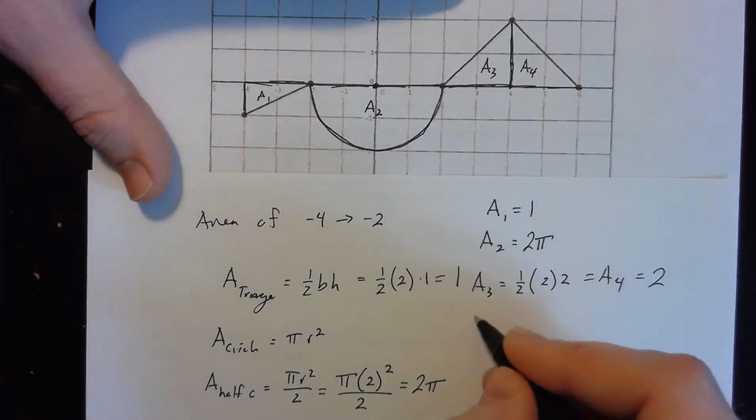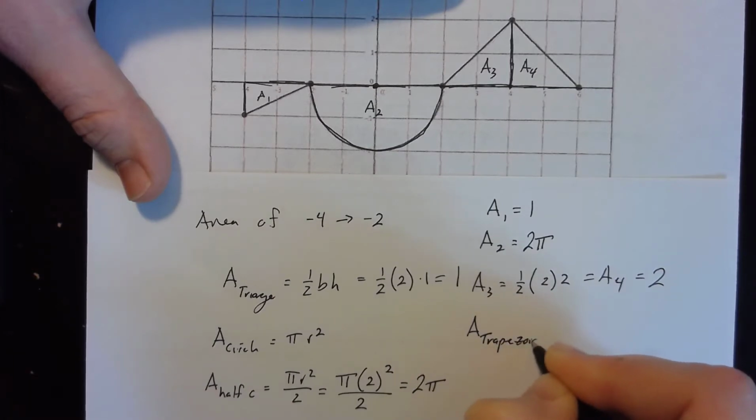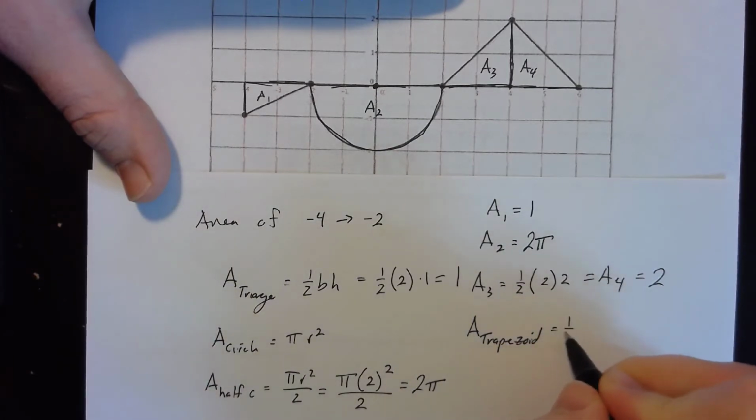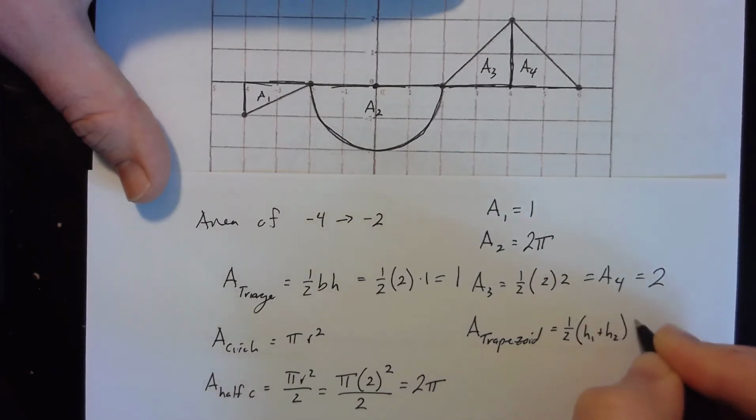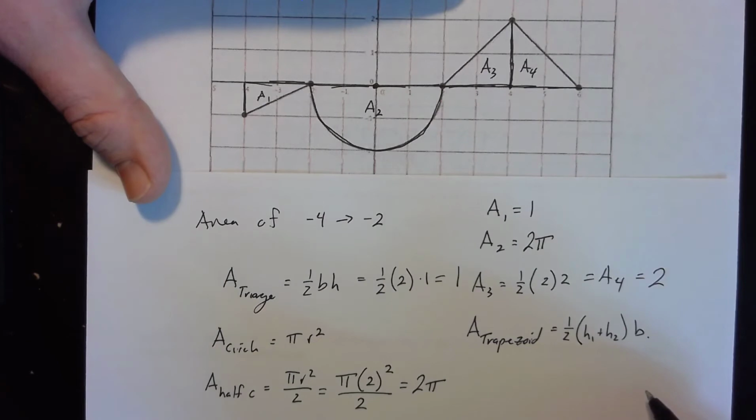Now, some other possible area formulas you might find is the area of a trapezoid, which you should identify from the last videos, that this is 1/2 times height 1 plus height 2 times the base, however we want to see fit to do that. We might have the area of a rectangle, which is simply base times height.